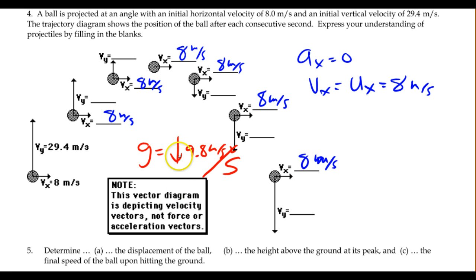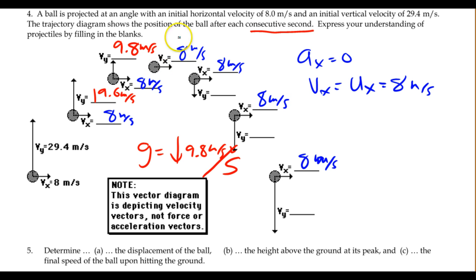It means that we're, in this case, going to take away 9.8 meters per second for every second that it travels. Since each of these pictures is taken at each consecutive second, by the time it reaches here, it will be at 19.6 meters per second in the vertical. 29.4 minus 9.8. By the time it reaches here, it will lose another 9.8. It'll be down to 9.8.